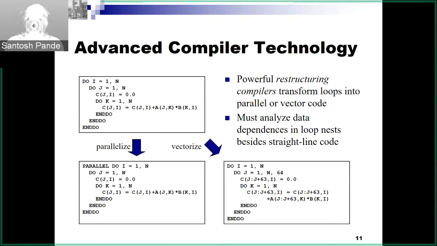In that do loop, we were going sequentially from 1 to n and putting zeros there. Now we take this 1 to n execution of the j loop, but break it down into chunks of 64 at a time. So we take it from j to j plus 63, and in parallel we execute all of them in a vector unit. Here it assumes that the vector size is 64, and in parallel we simply initialize them to 0.